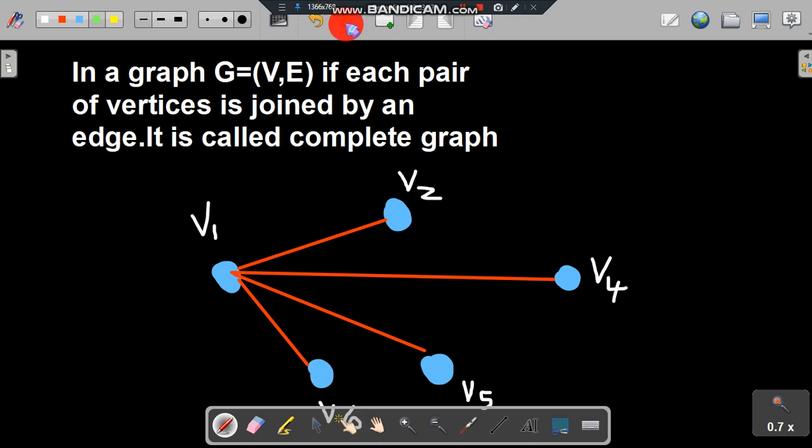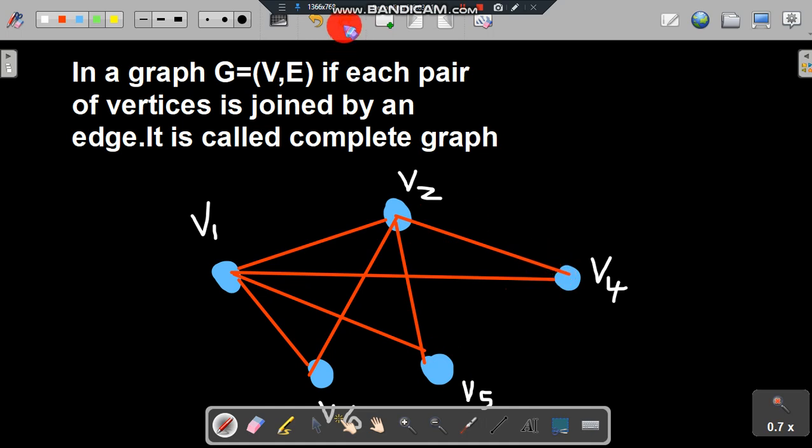Now similarly, from V2 to V6, V2 to V5 and V2 to V4. What I see here, V2 is also connected to each and every vertex: V2 is connected to V1, V5 and V4.